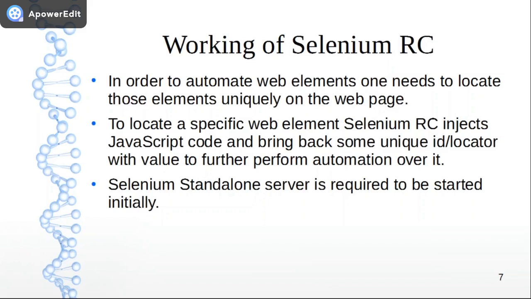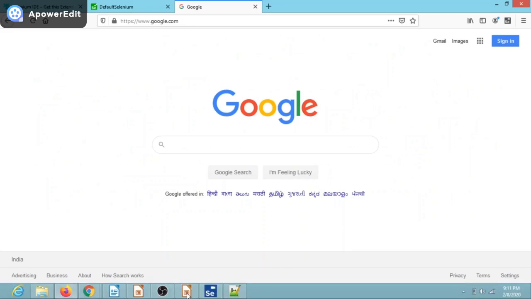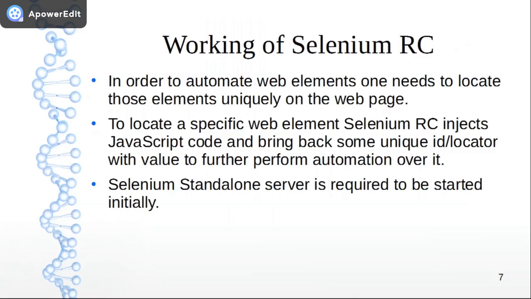As I showed on google.com, one needs to identify those elements, like I've shown, the input box, button, everything uniquely within the web page, and just handle them to automate things. To locate a specific web element, RC injects JavaScript code and brings back some unique ID or locator with value to further perform automation over it.